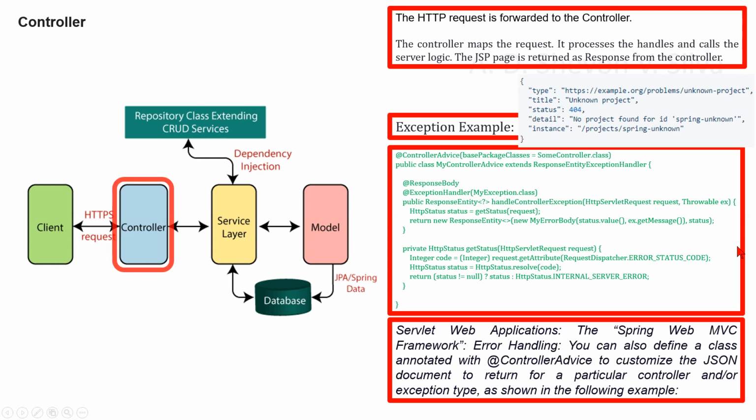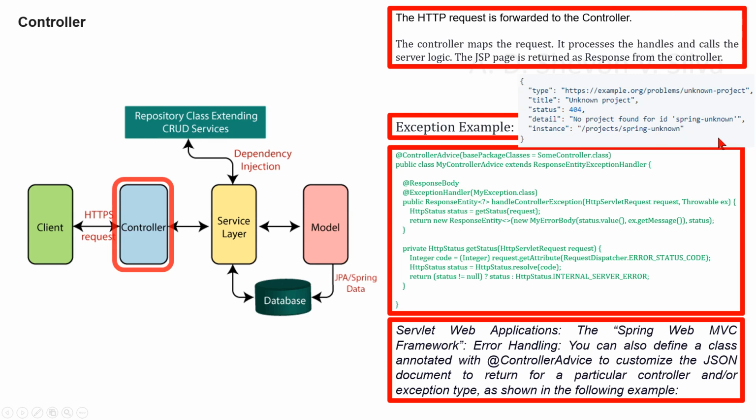For machine clients, it produces a JSON response with details of the error, the HTTP status and the exception message.